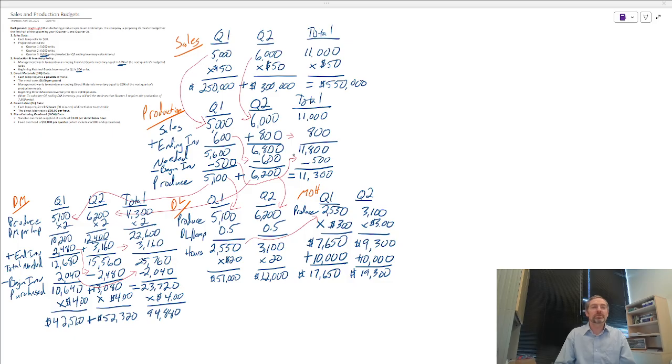We can use our production budget to now calculate how much do we need in direct materials, direct labor, and manufacturing overhead. So we'll take how much we're going to produce and translate that into how much do we need in materials. In a very complex manufacturing facility, this is going to be a lot of different direct materials budgets.